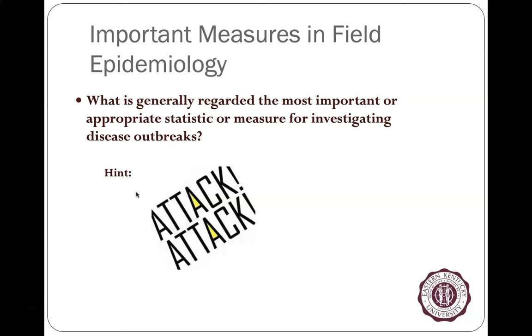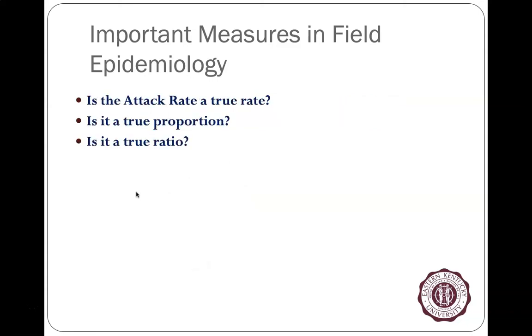So the attack rate on foodborne and waterborne disease outbreaks, particularly foodborne outbreaks, is one of the most common rates. Now, is the attack rate a true proportion, or a true ratio? So we call it the attack rate, and it might be something like 40 people ate potato salad at the family reunion, and 14 of those 40 people got sick. So we would do 14 divided by 40, and then that would give us a number.